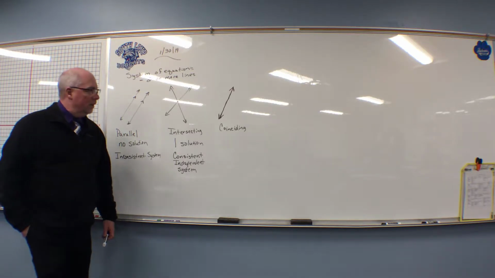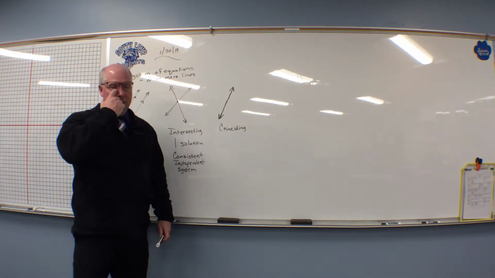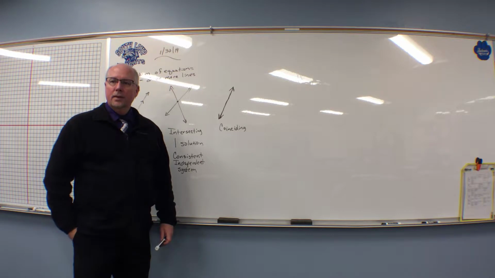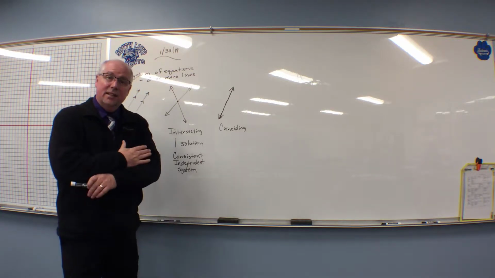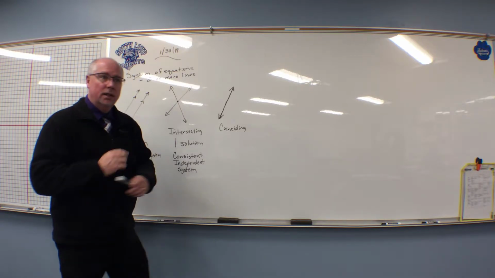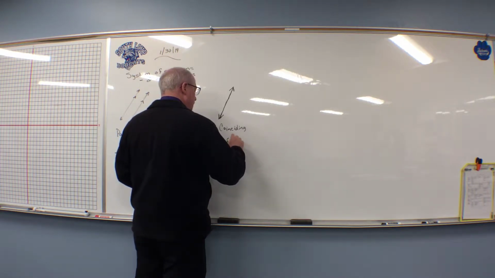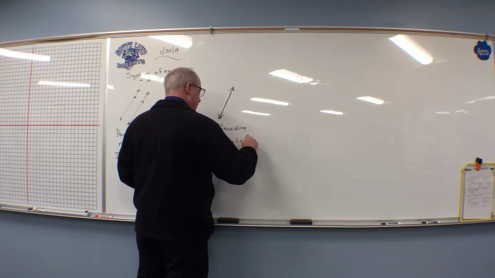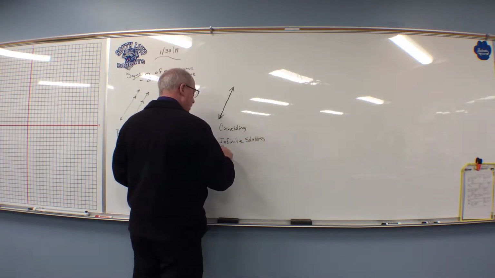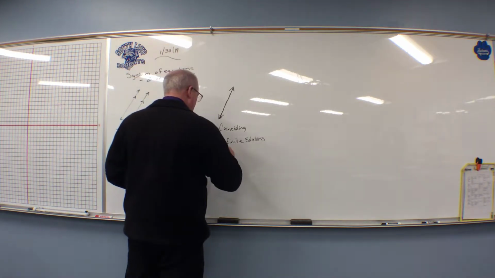So now they're coinciding. One lies on top of the other. How many solutions? Infinite. One lies exactly on top of the other, so all the points are a solution. So this has infinite solutions. And since it touches at least once, it's called consistent.